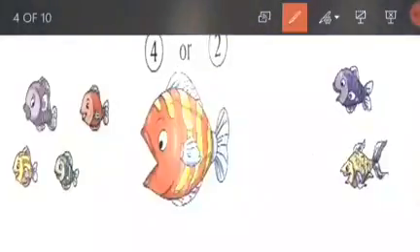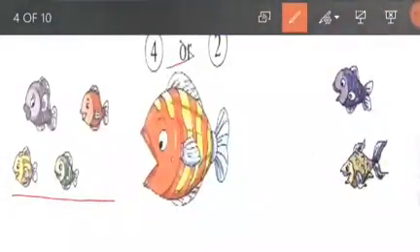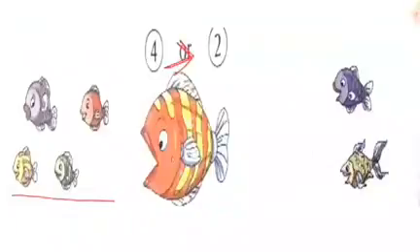So it goes for the 4 fish with its open wide mouth like this. So we write here 4 is greater than 2, and read it as 4 is greater than 2. So we'll use this symbol here.